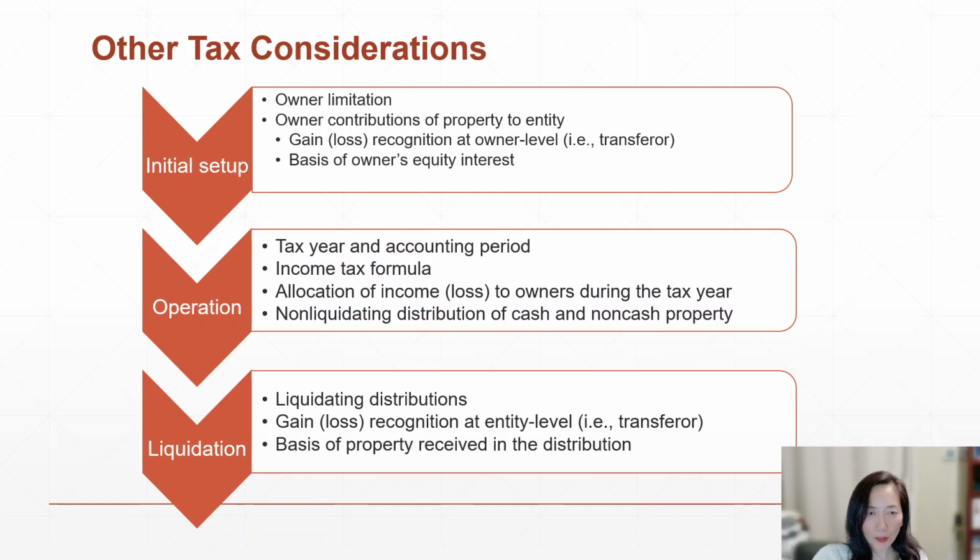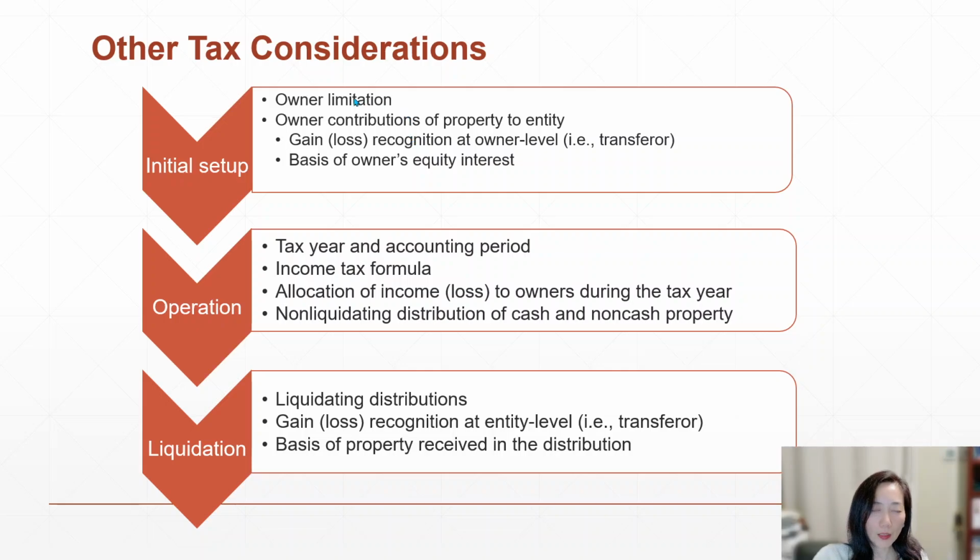Other considerations. We're going to dive deeper when we get into the specific chapters. But overall, from the life cycle of the business, at each stage the tax considerations are slightly different. Generally speaking, at the initial setup stage, what we're concerned with more for tax purposes are the owner contribution of property to the entity, whether there's any gain or loss recognition at the owner level, and how to establish the tax basis of the owners' equity interest.